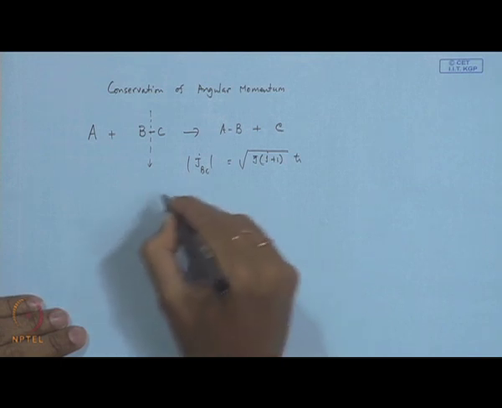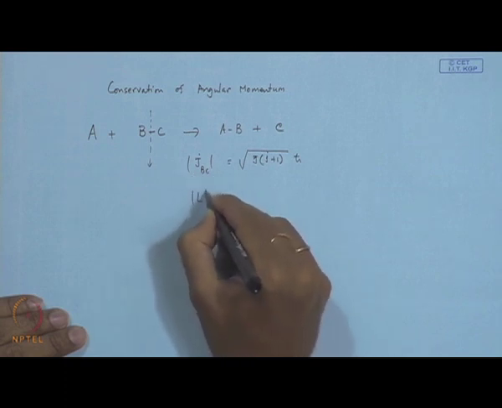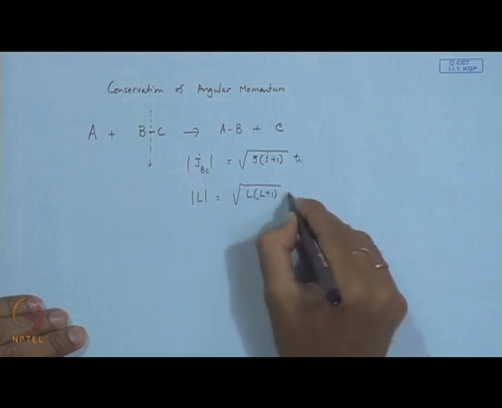Total angular momentum includes this rotational part, and the orbital angular momentum L will be given by the root of L into L plus 1 in ħ units.